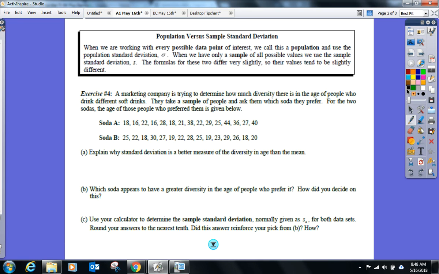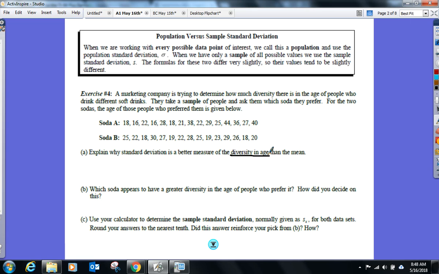Oh, here we go. Marco. Okay, there's an outlier, 40, we talked about yesterday, but why specifically standard deviation when we're talking about diversity in age? Matt? It tells you how spread out they are. Okay?